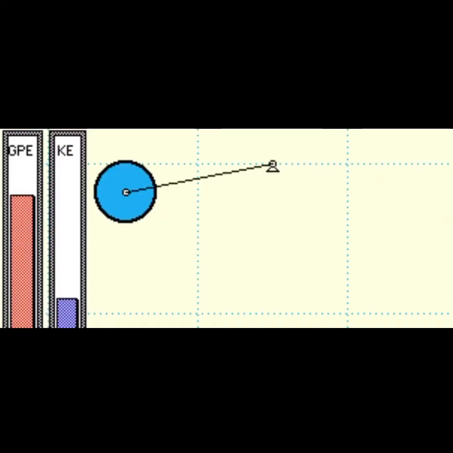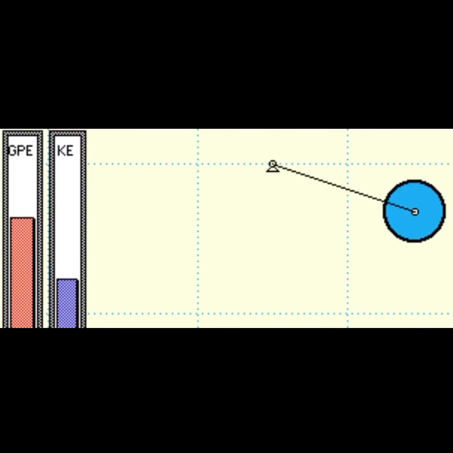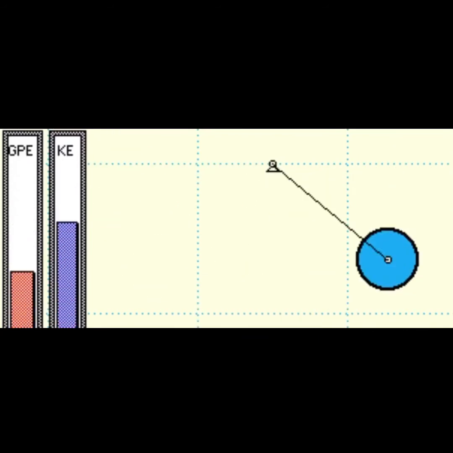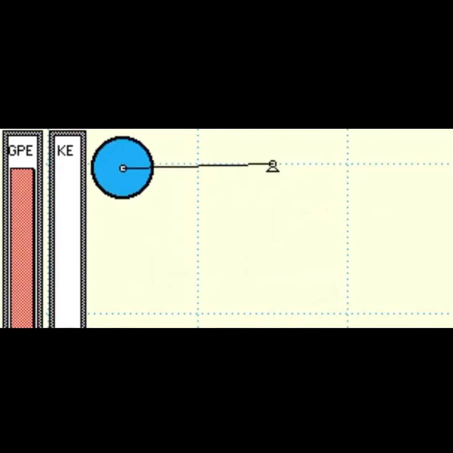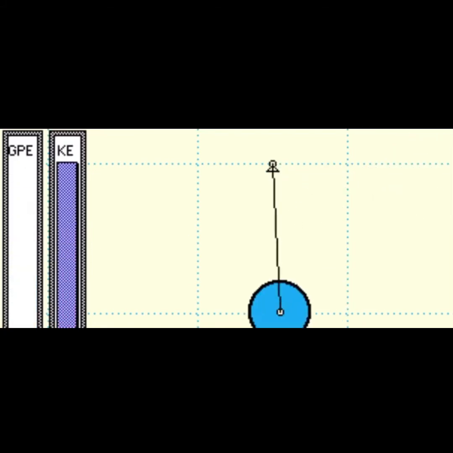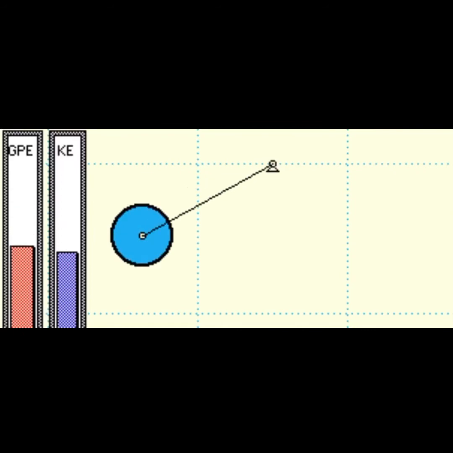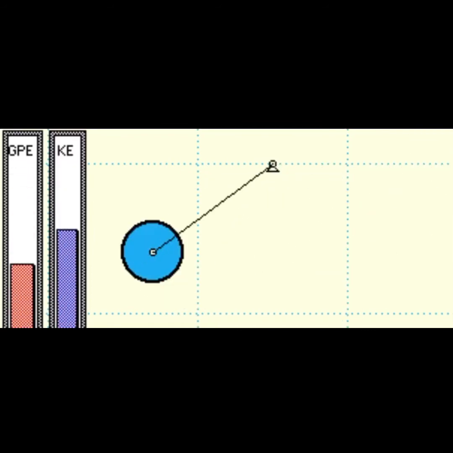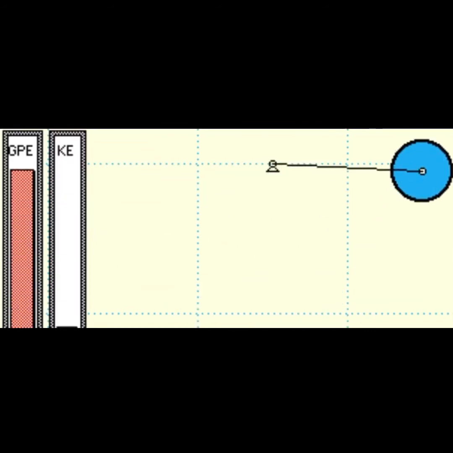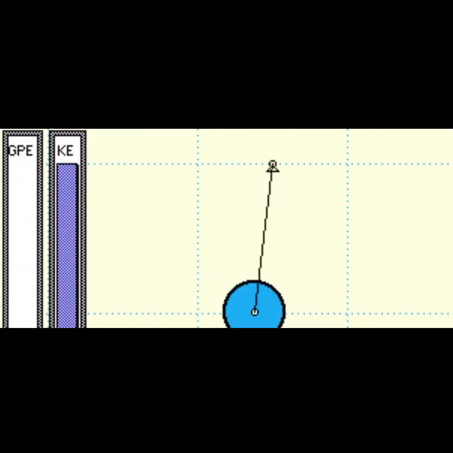So with pendulums, as you can see from the image here, pendulums are a great example of how mechanical energy is a balance between potential energy, or stored energy, and energy of movement. If you look at this image, you can see that GPE stands for gravitational potential energy and KE stands for kinetic energy.